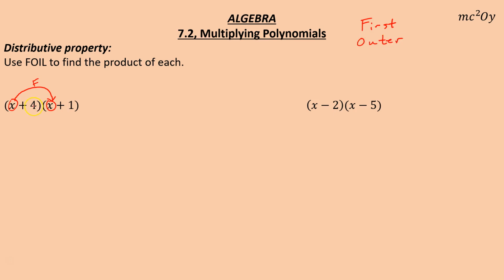Okay, that means I am multiplying the outer term here times the outer term over here. So the outside terms, outer, and then the inners, the 2 inside terms, also known as inside sometimes, and then last.